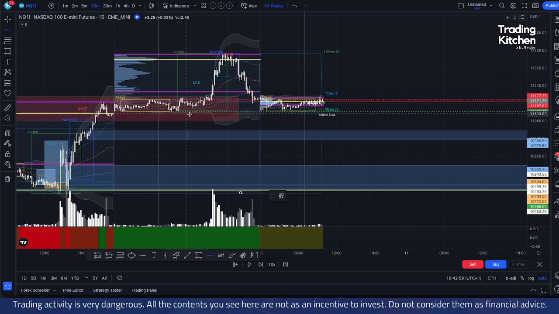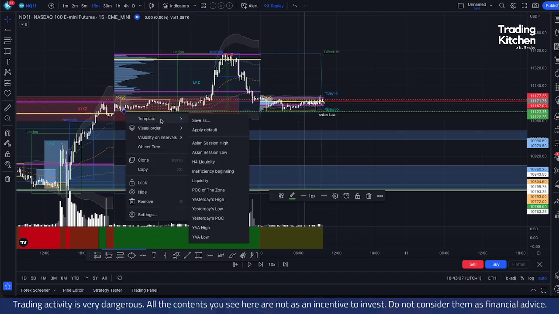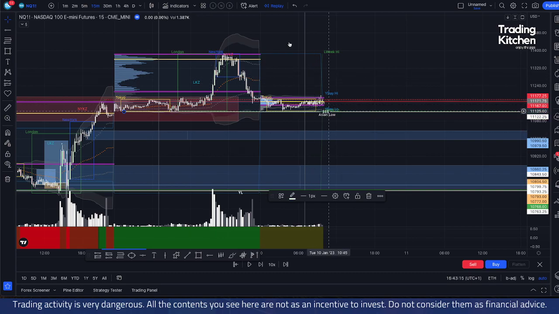Okay, so what we have to do is look for this liquidity here, all the liquidity levels from which price could go long. But what I expect for this day is probably price will go down again, okay, just for a little while and then go up.